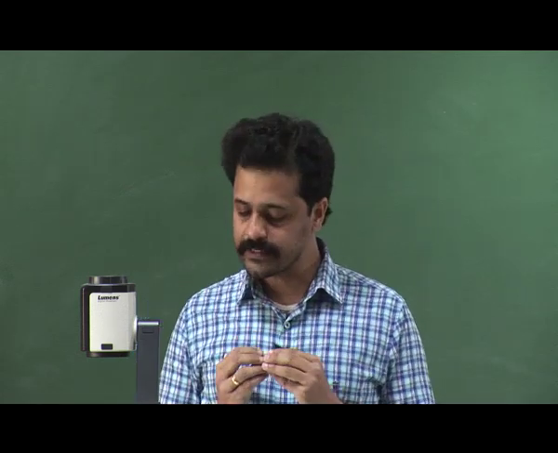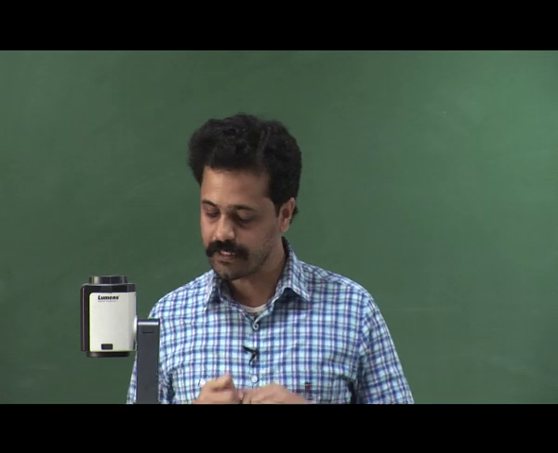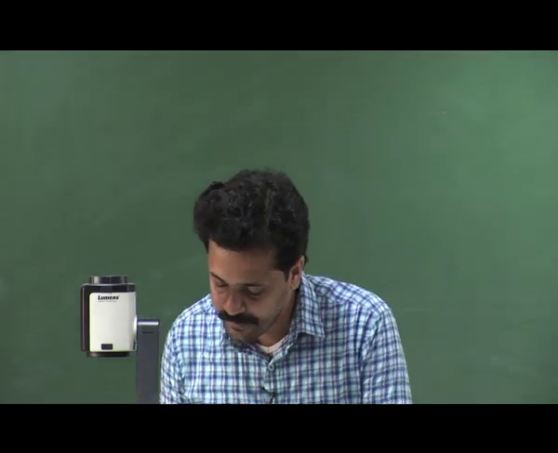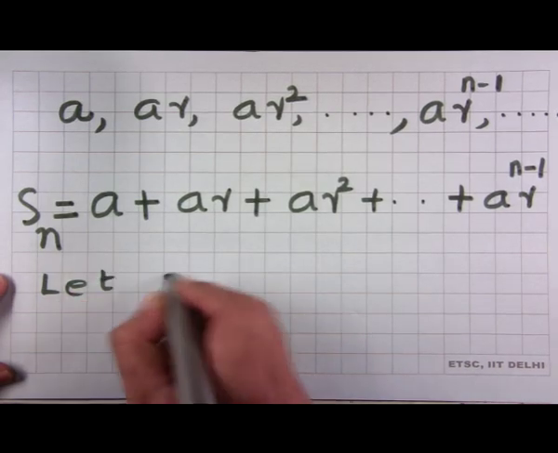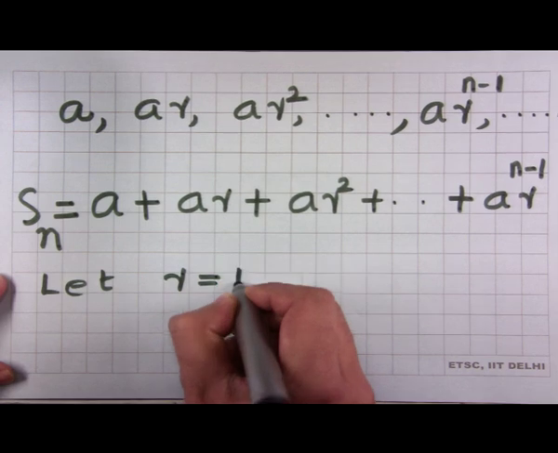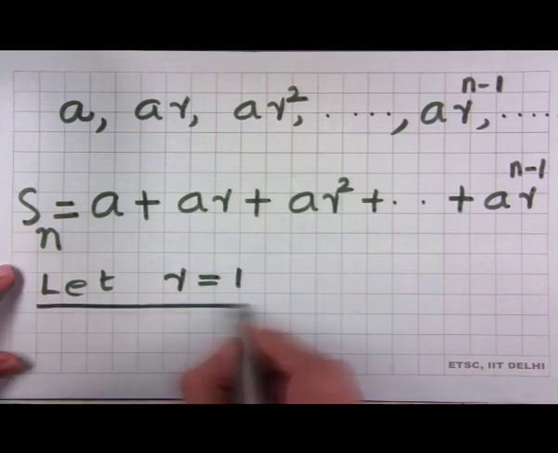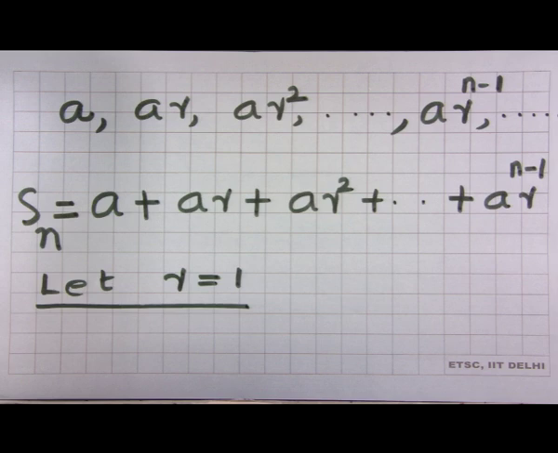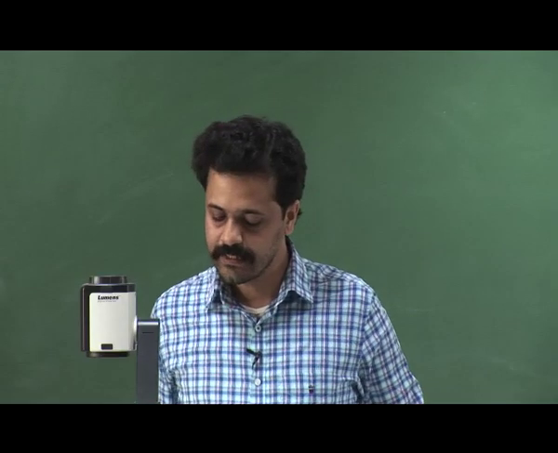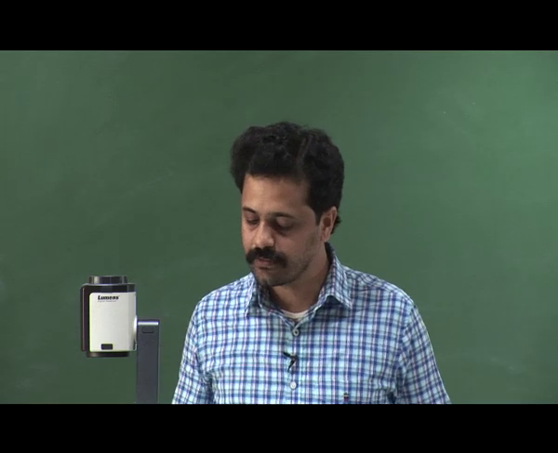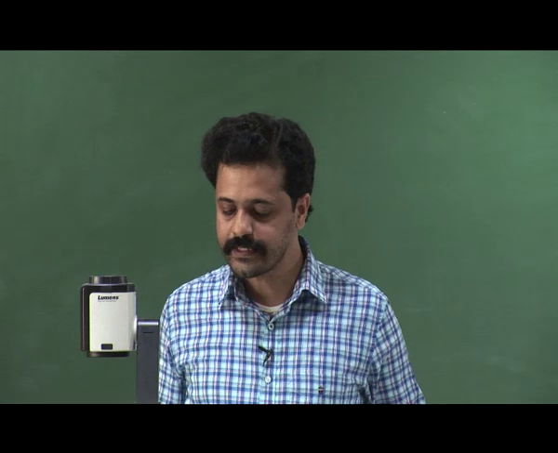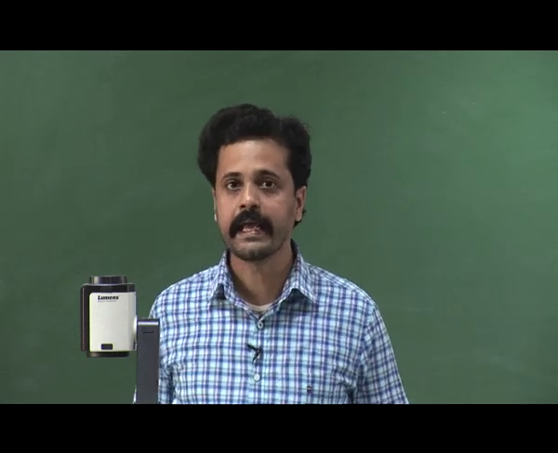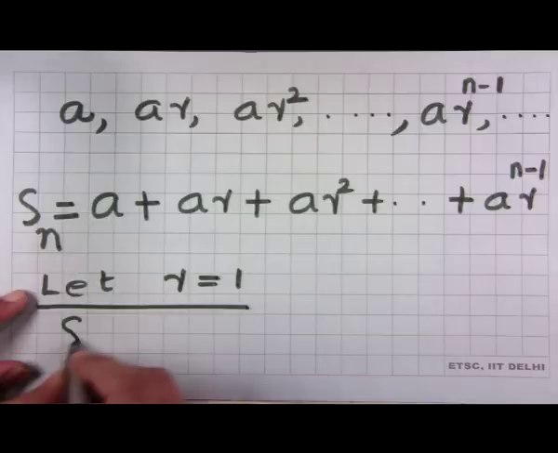Let us first settle the trivial case, namely let r equal 1. Note that in this case the geometric progression reduces to the constant sequence a, a, and so on.